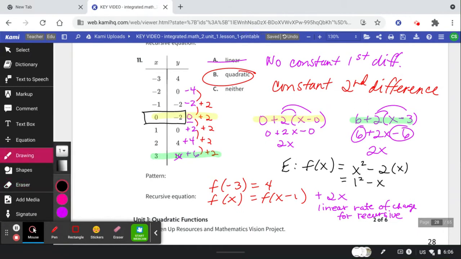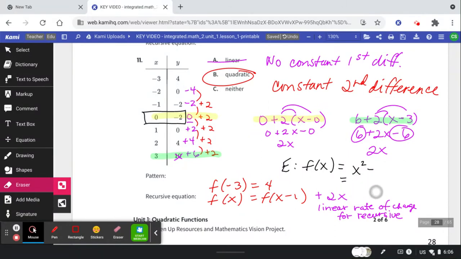Let's just try x. 1 minus 1. Okay, well that would give me 0. Let's go test it out for a different pair. Let's go f of 2 is equal to 2 squared minus 2.